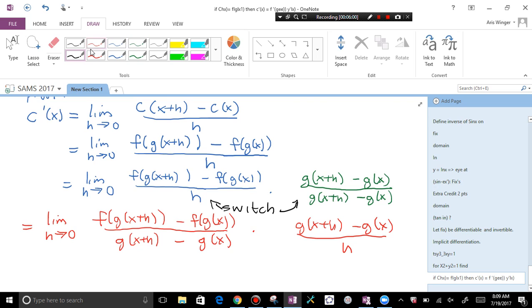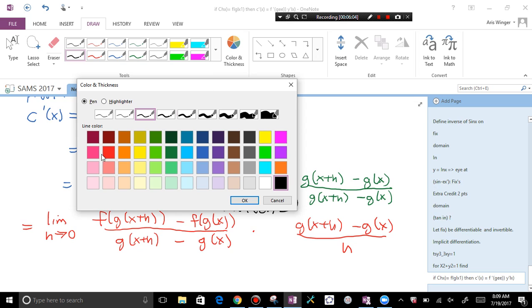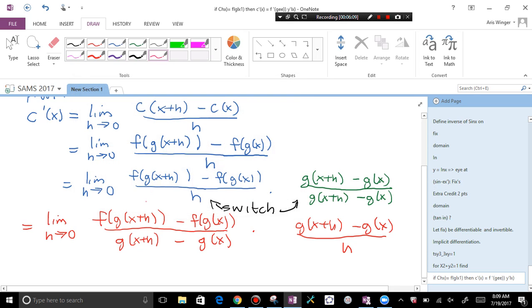The other remark we need to make, I need another color. A beautiful color. Is that this now looks like f of t minus f of x all over t minus x. I hope we know where that goes.